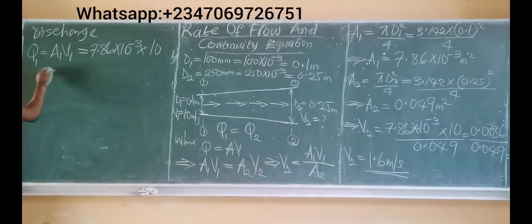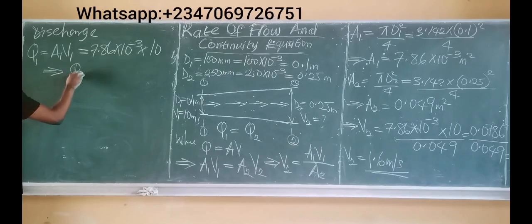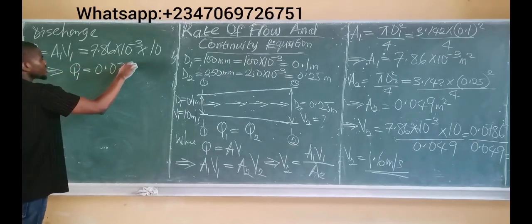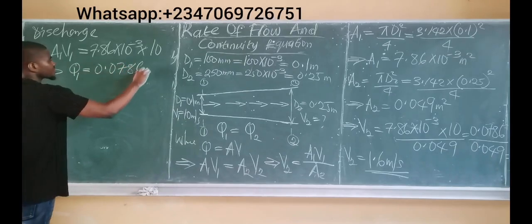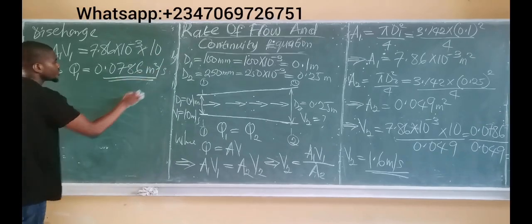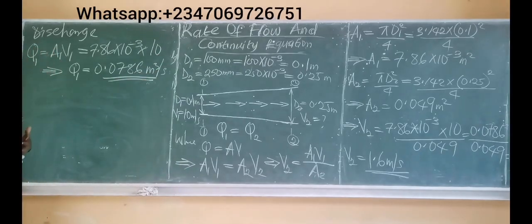So this simply implies that discharge through the pipe Q1 is equal to 0.0786 meter cube per second. Mind you, the unit of discharge is simply meter cube per second.